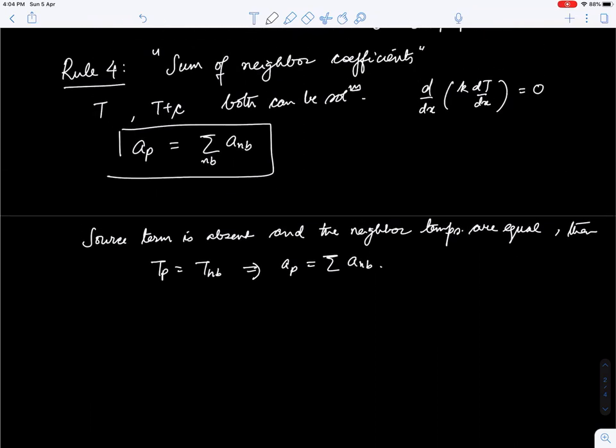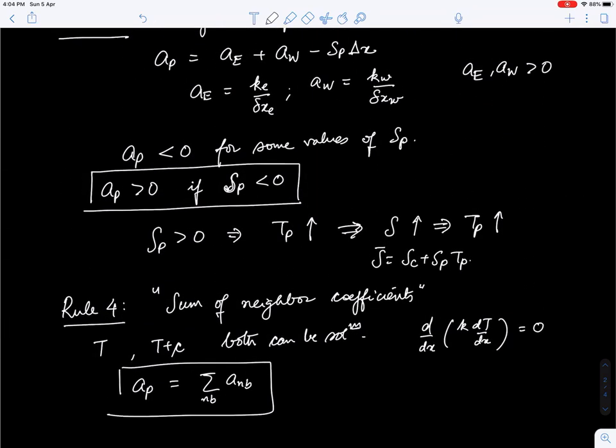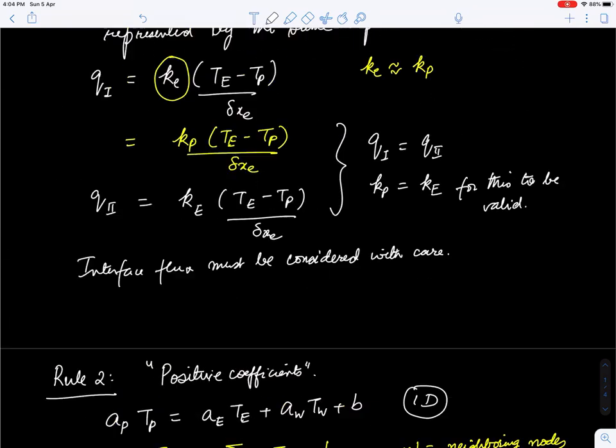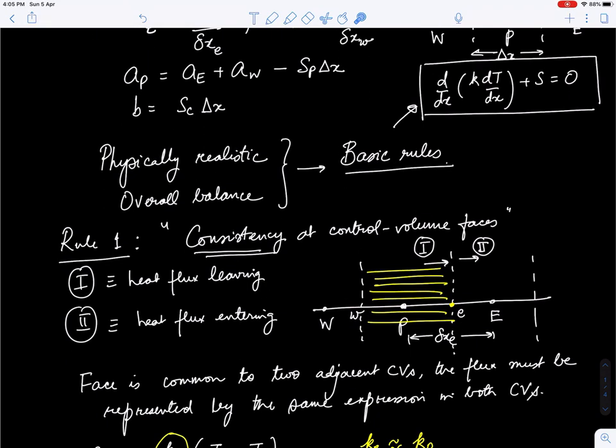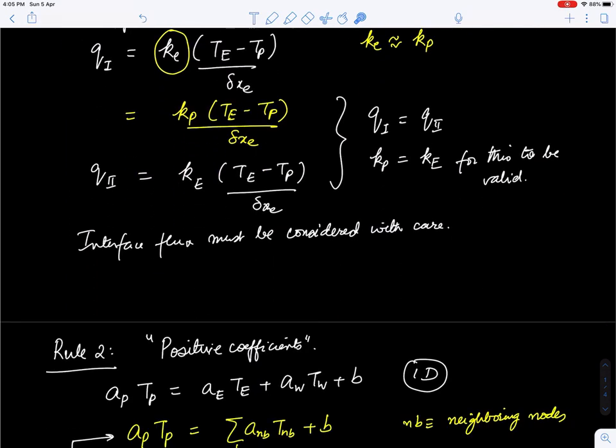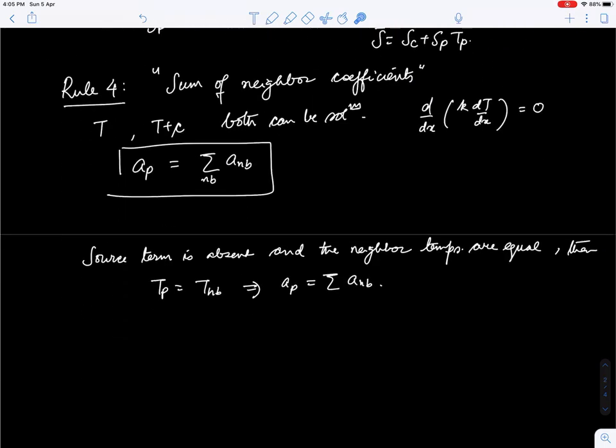Okay, so as long as we can maintain these four basic rules, we are guaranteed of getting physically realistic solutions with overall balance. And so when we develop our equations in this finite volume method, we will try to ensure that we have taken these four rules into consideration.